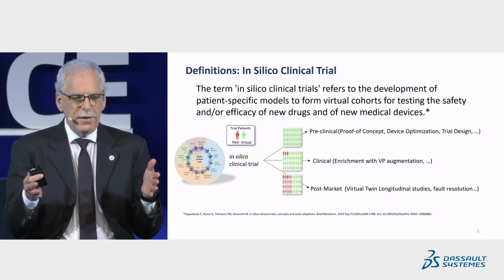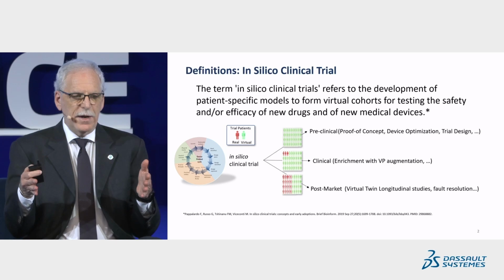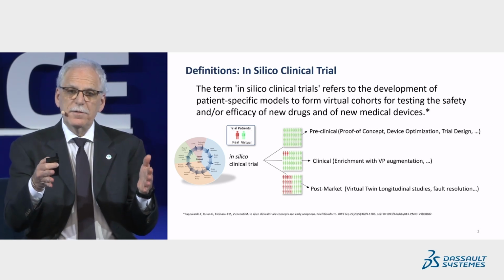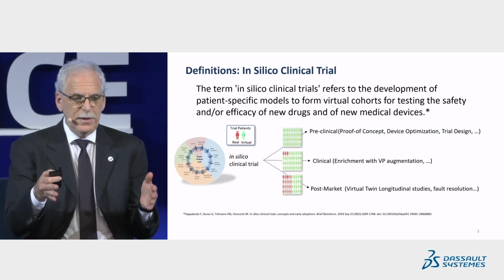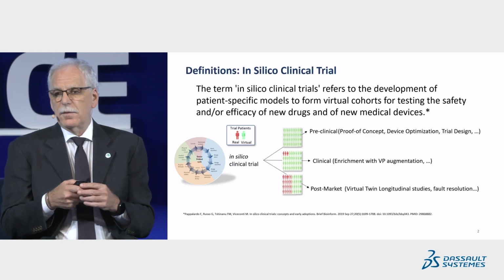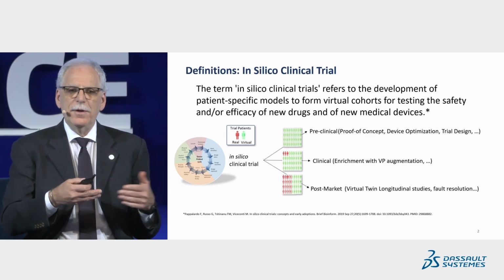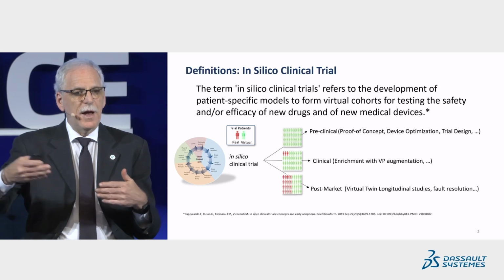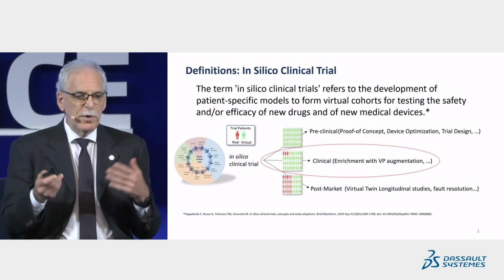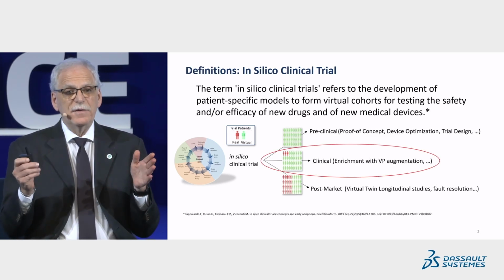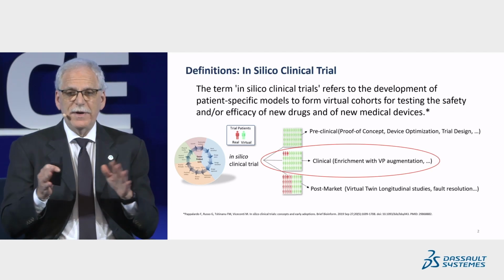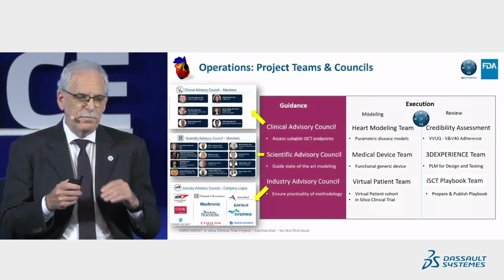What we're going to talk about is in the clinical world, so now you have at least some real data to validate and establish credibility, and possibly in post-market when you actually want to manage, and as we heard earlier, being able to use this to guide your actual treatment. So what we're going to talk about is this phase, and of course what we learn in this phase can be used in all the others.